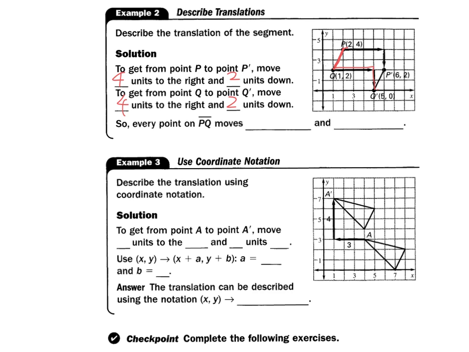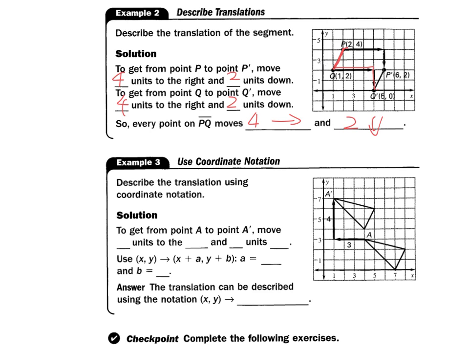So in other words, every point on the segment PQ is moving 4 units to the right and 2 units down, from 4 to 2, from 2 to 0. So that's it. We just described the translation. Every point on segment PQ moves 4 units right and 2 units down.